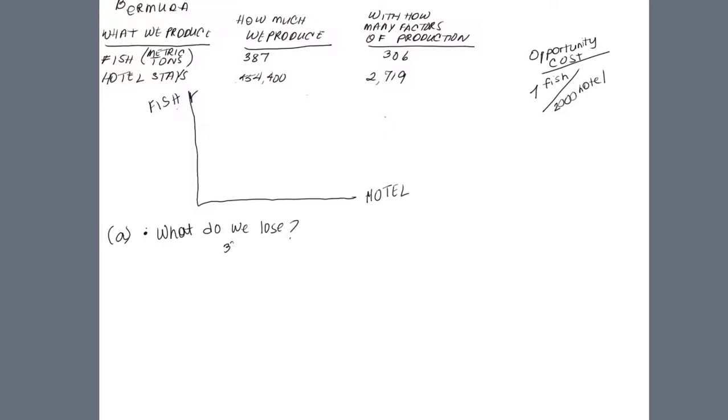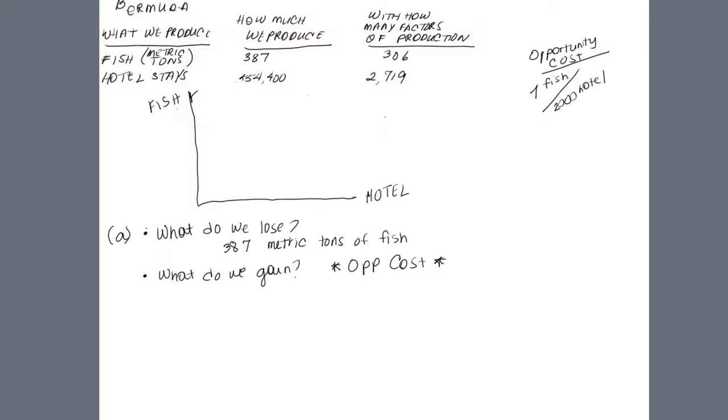What do we gain? This is when the opportunity cost comes in, because the opportunity cost tells us exactly how much we gain for each loss. Here we've lost 387 metric tons of fish. And the opportunity cost tells us for each metric ton of fish that we lose, we gain 2,000 hotel stays.